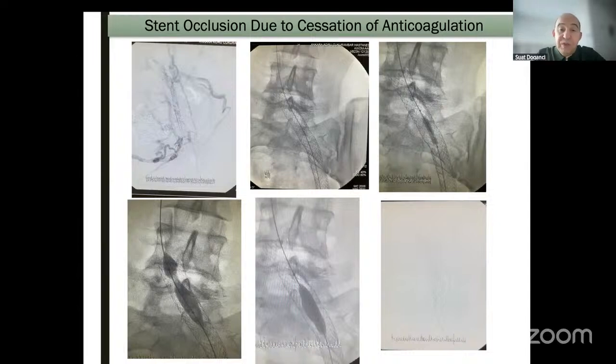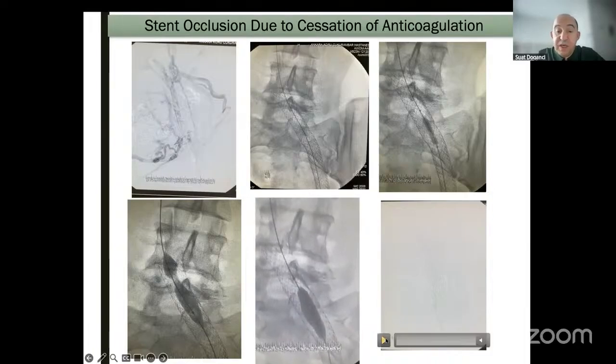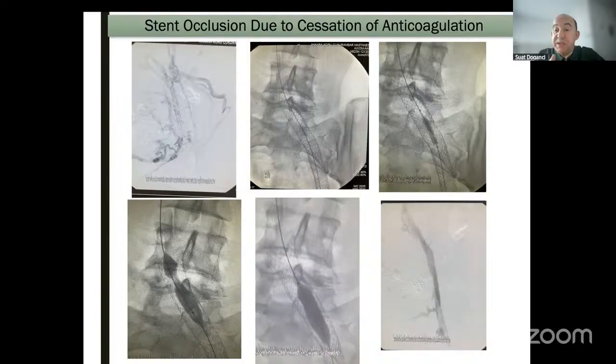So for this patient, I could hardly go through with some sharp recanalization and do some balloon angioplasties, because in my country, in Turkey, we don't have these new debulking devices. So that's why sometimes the only option is balloon angioplasty. Although it's not a good way of recanalization, as you see here at the end, we could recanalize the stent again.